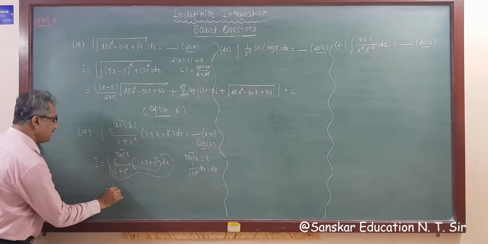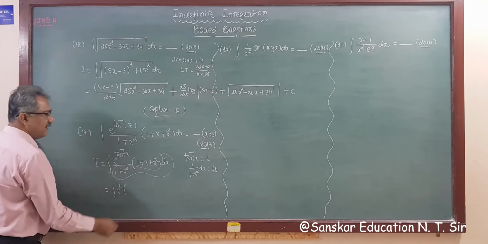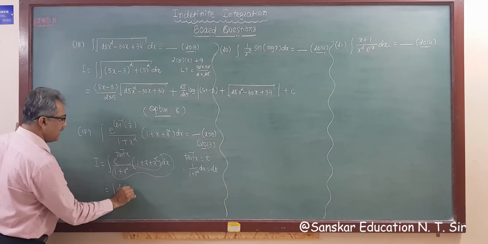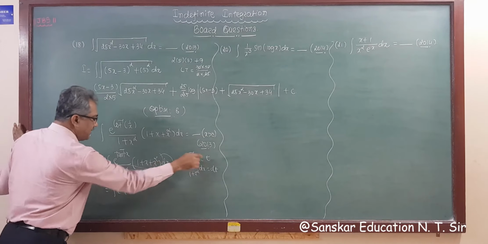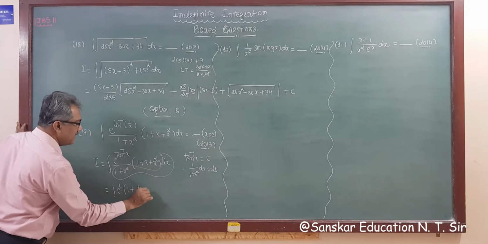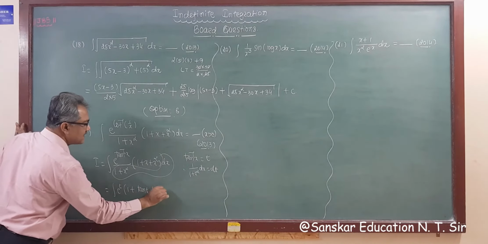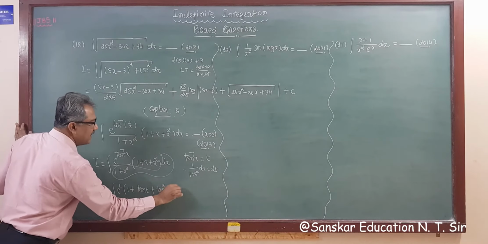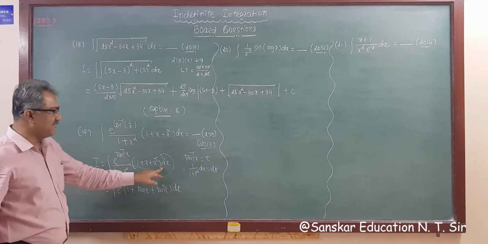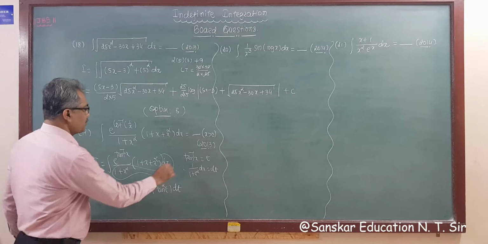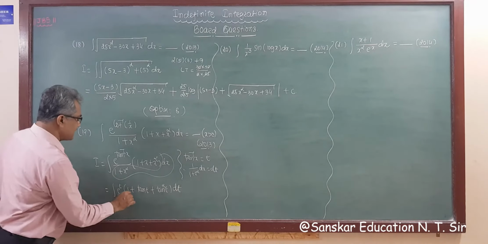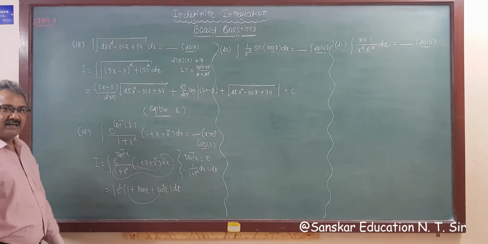So what is your answer? I is equal to integration of e raised to t, right? 1 plus x is tan t. So this is tan t, and x square is tan square t, and dx is dt. So 1 plus tan square t is sec square t, right?